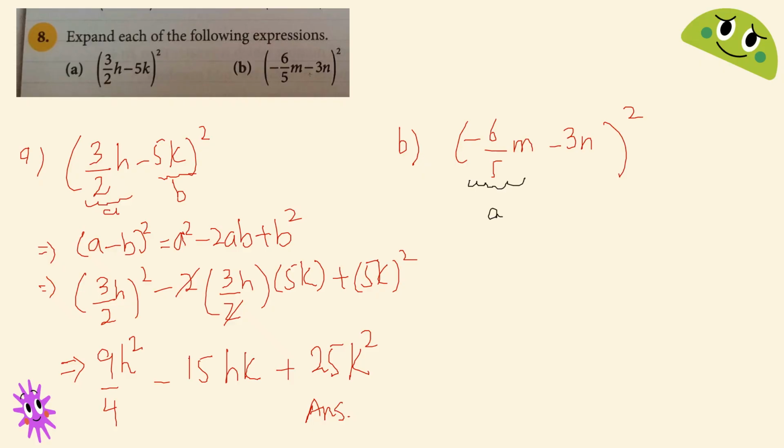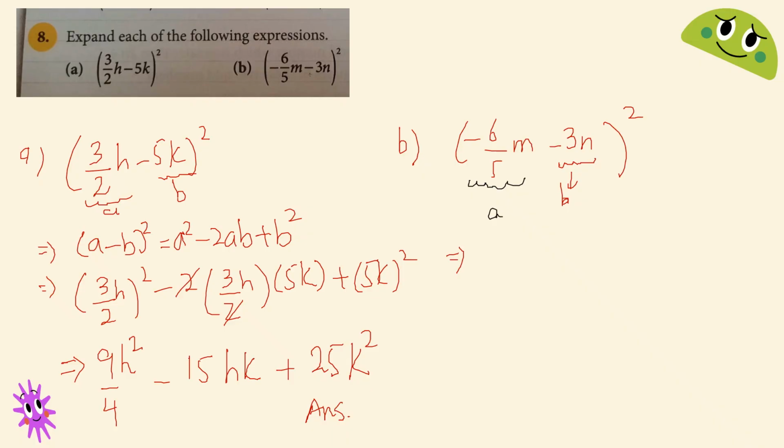Because see, we are considering this minus when we are looking at the identity, but whenever you have a sign here, that means you have to include it with the number as well. So let's see, a here is −6/5m, and b here is 3n, right? Again, I will be applying the identity, which is (a − b) whole squared, a² − 2ab + b².